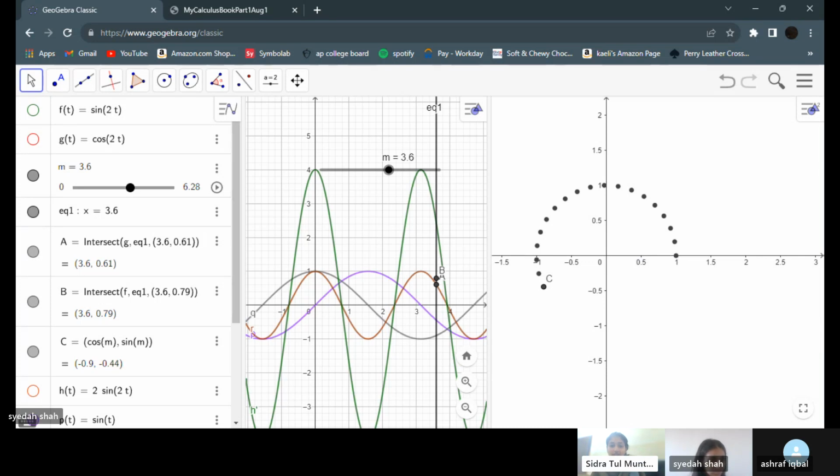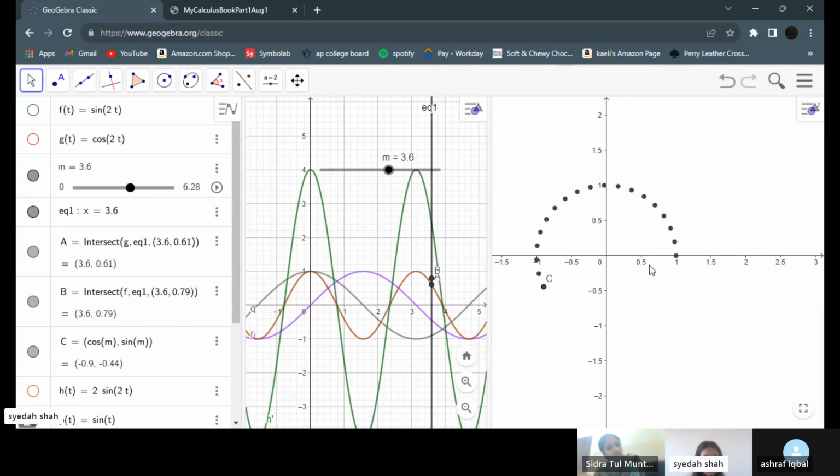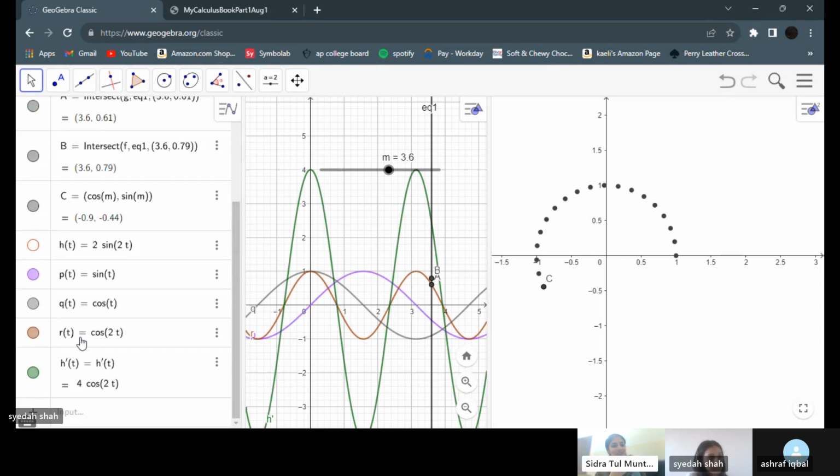So when you are moving in this circle, you can see there is a gap between each dot. The distance between each dot is 0.2, the increment, because our increment was 0.2 in the slider. I hope I'm not confusing you. Are you comfortable? Yes, it makes sense.